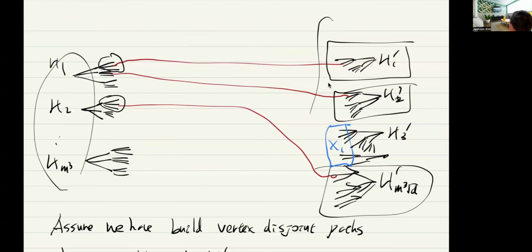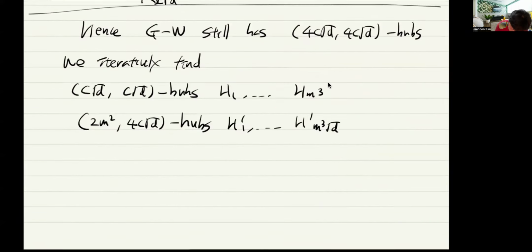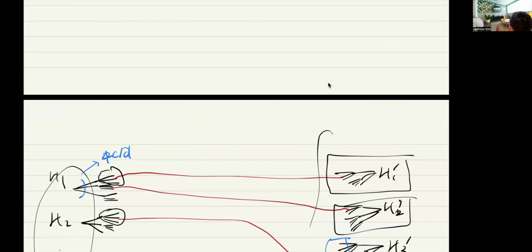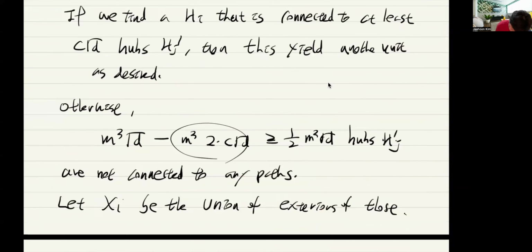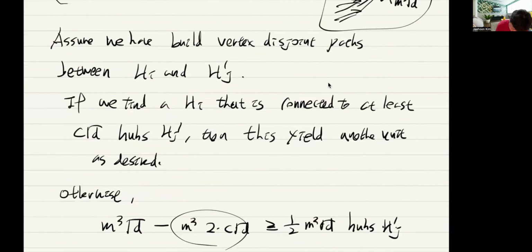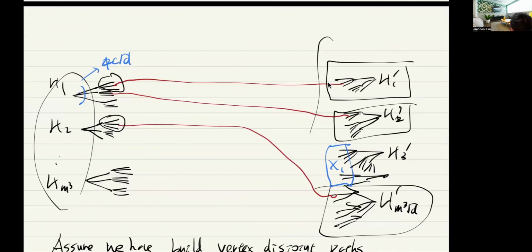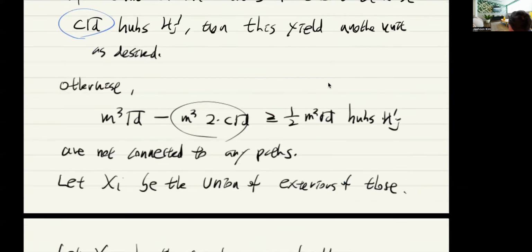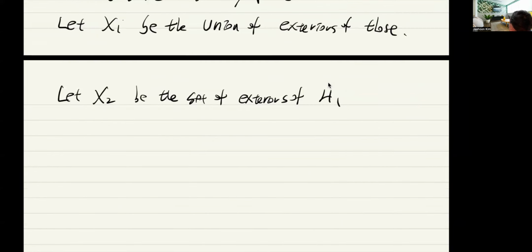So each h1 has what? This degree is 4 times c square root of d, and at most cd of them are already connected. And then you forget them and then you leave the remaining, of the exterior vertices.